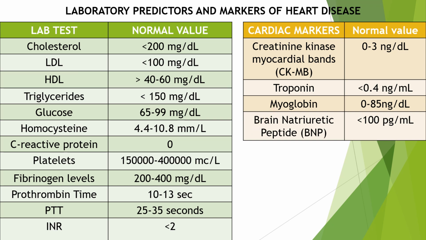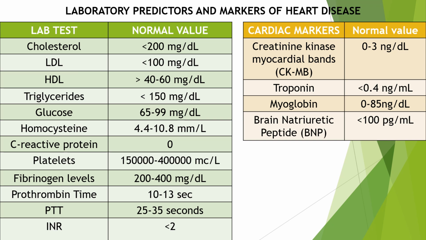Then the last one, brain natriuretic peptide, BNP. It is released from overstretched ventricular tissue. Physiological responses to increased levels of BNP include venous dilation, which decreases the preload, and also arterial dilation, which decreases the afterload, and diuresis.